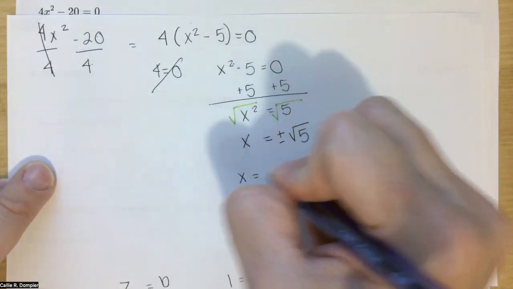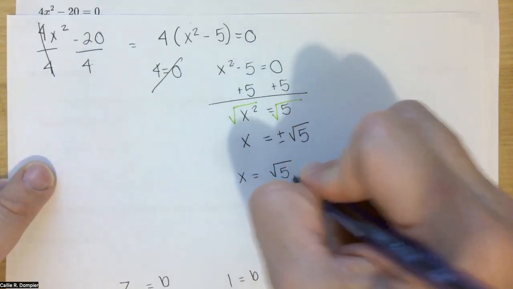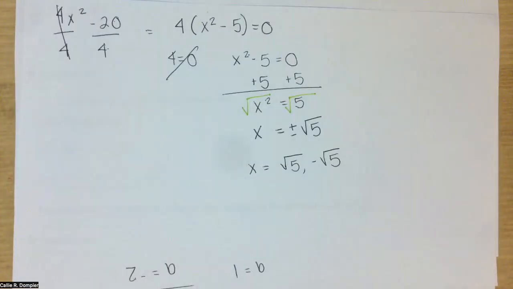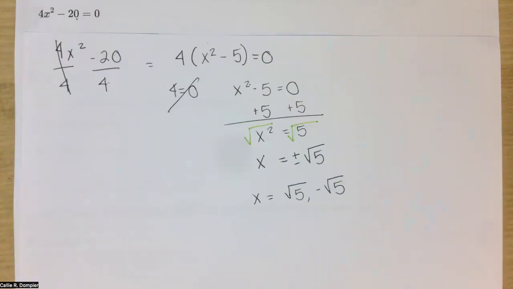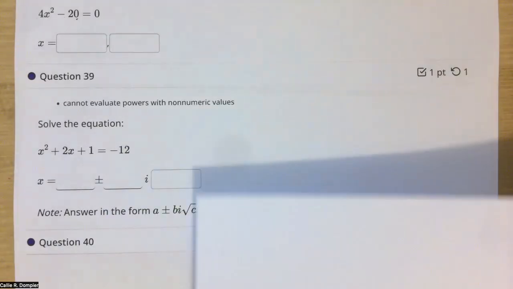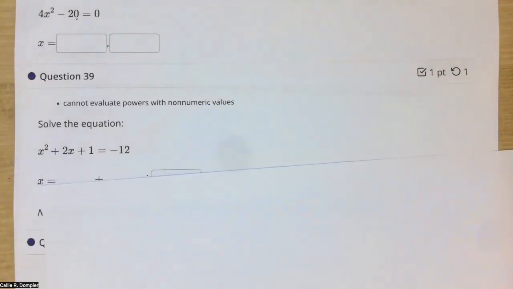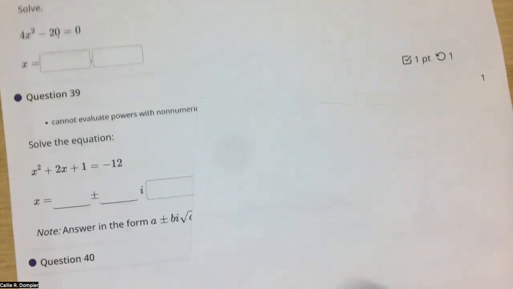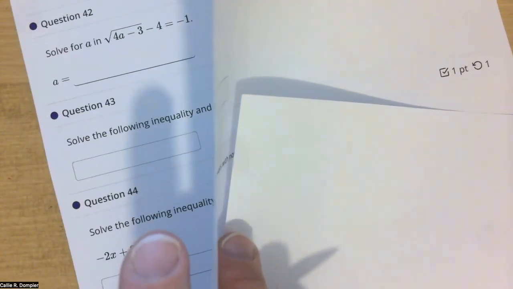So x equals square root of 5 and negative square root of 5. That was a hard one. You're also welcome to use the quadratic formula or any other formula you prefer to solve these. I'm just doing it whatever way comes to me, I guess.